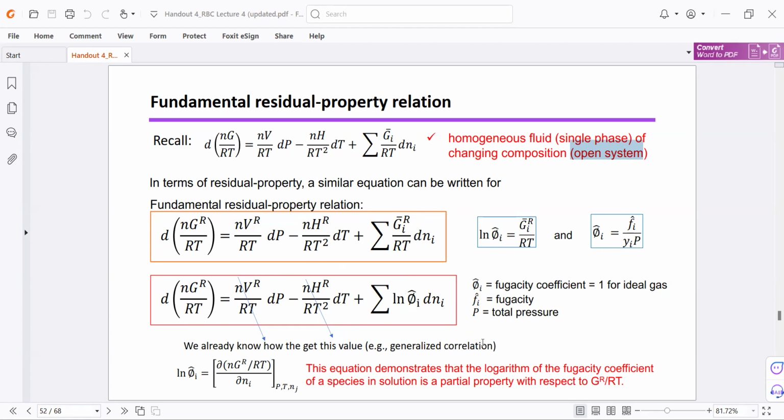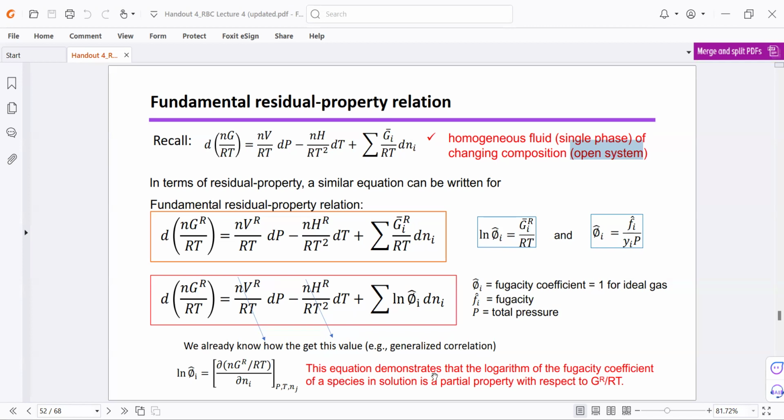So in your ChE 142, if you remember, we already know how to get these values, for example, in generalized correlation. If we have a constant temperature, we're left with these two expressions right here. If we have a constant pressure, then the left-hand side will just be equal to this one, and we know already how to get this value.